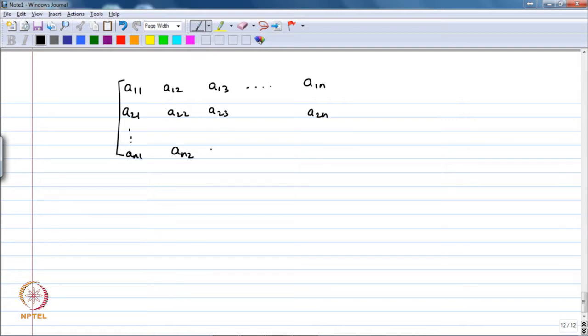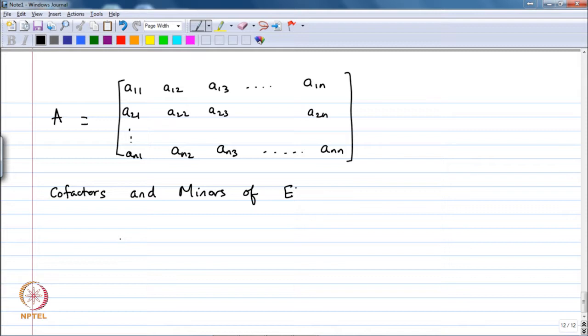So suppose you have this matrix A. Now, you can determine the cofactors and minors of elements of A.